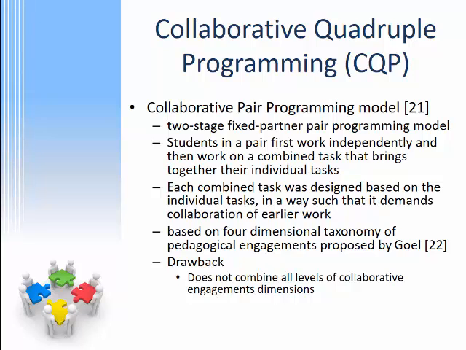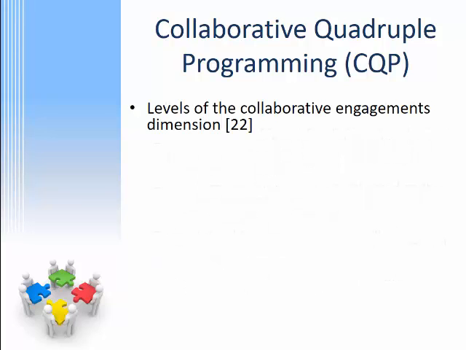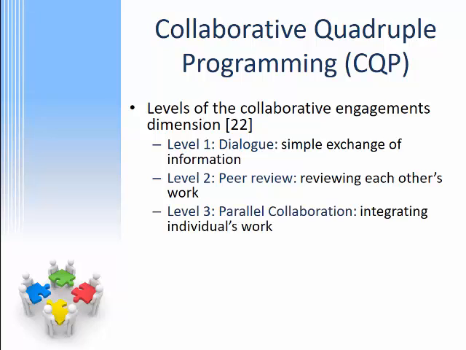A drawback of the collaborative pair programming approach is that it does not combine all the levels of the collaborative engagements dimension of the proposed taxonomy. Let's have a look at the various levels of collaborative engagement dimension of the proposed taxonomy.